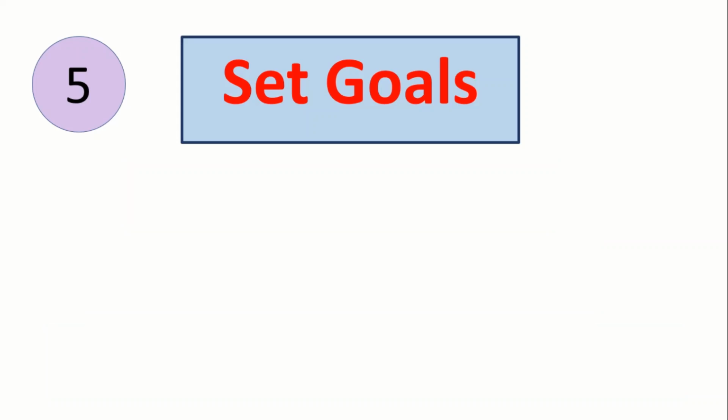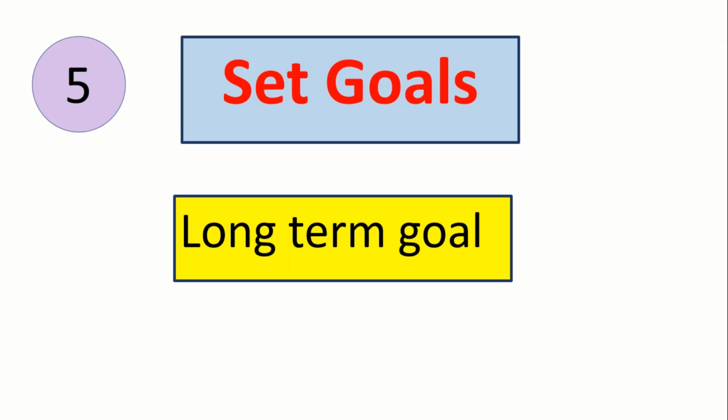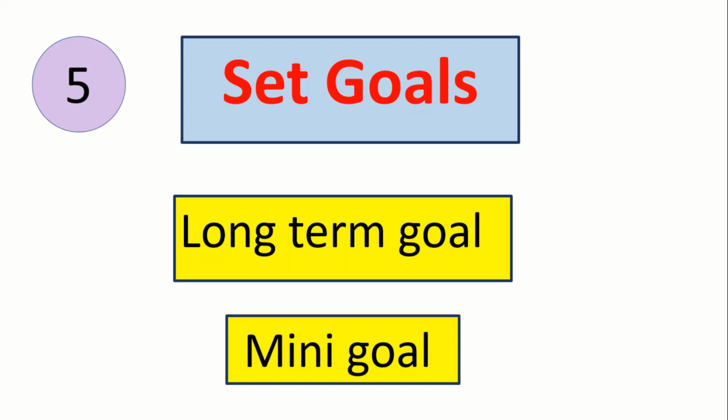Tip number 5: it's important to set your goals. What would you like to achieve from learning Chinese? What is your long-term goal? You have to ask yourself. Maybe you just want to learn it for 6 months, or you want to learn Chinese for traveling, or just for fun. And once you have a long-term goal, you have to set yourself a mini goal, a short-term goal.